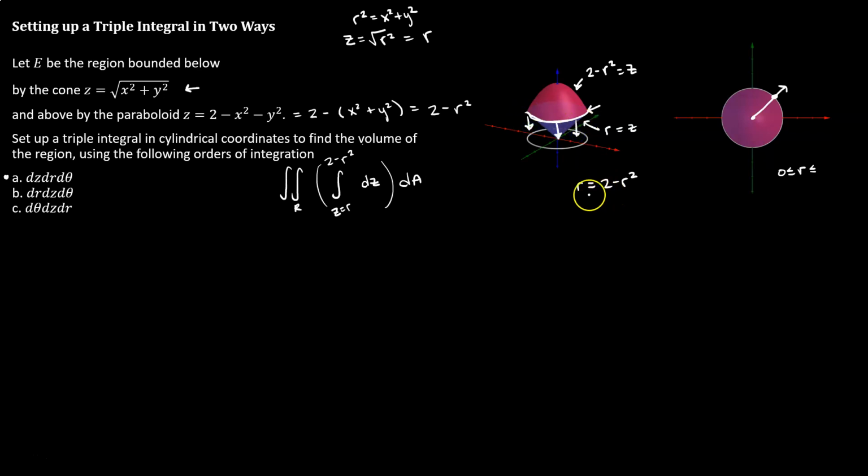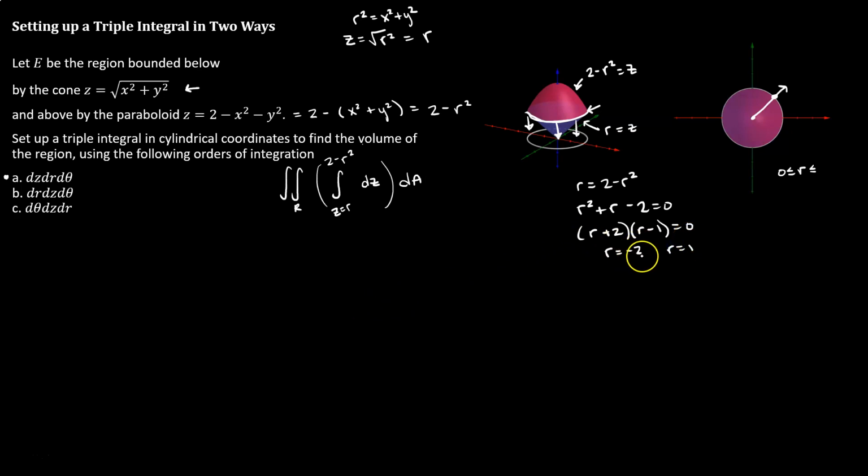So this is a quadratic equation. Let's rewrite it as r squared plus r minus 2 equals 0. We can factor this: r plus 2, r minus 1. We've got two values here. r can either be negative 2 or r can be positive 1.